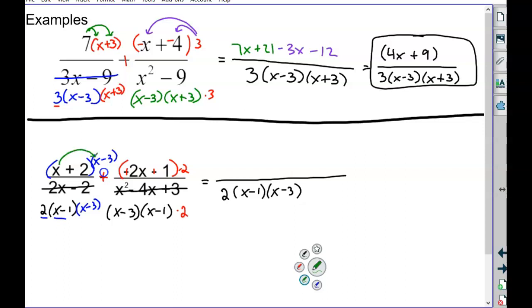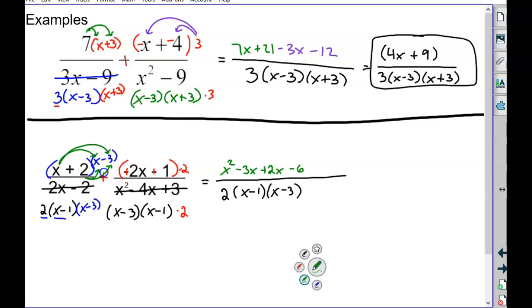So I'm going to go x times x, which will give me x squared. And then I'm going to go x times negative 3. And then I'm going to do 2 times x, and 2 times negative 3. So all of that green is just FOILing out that first numerator.